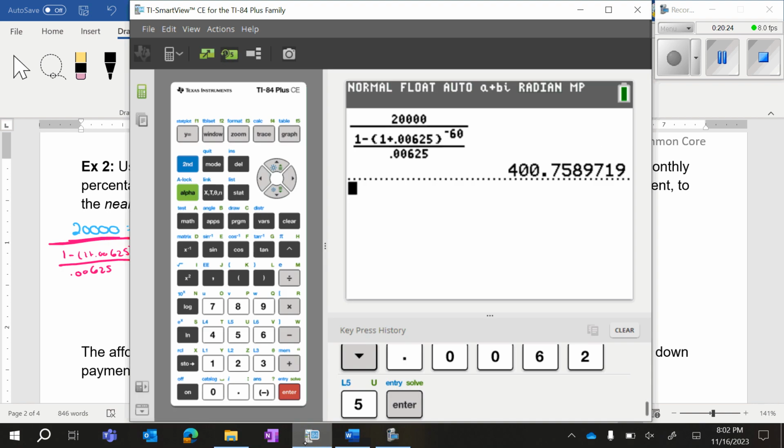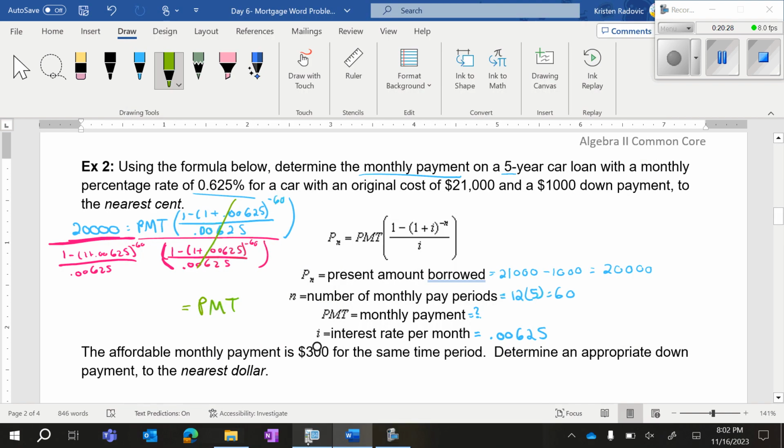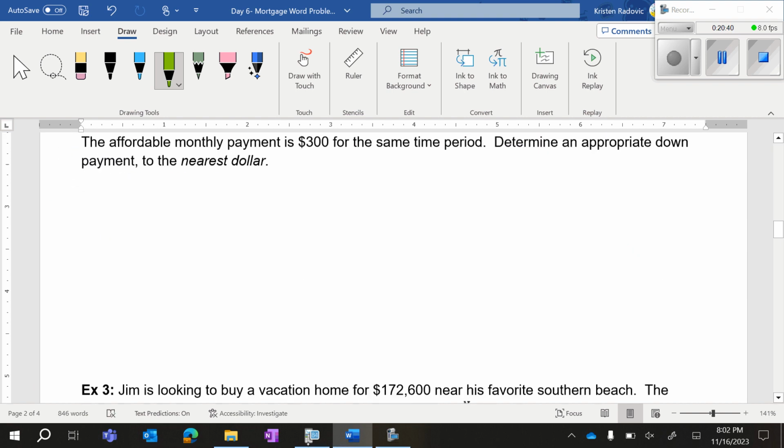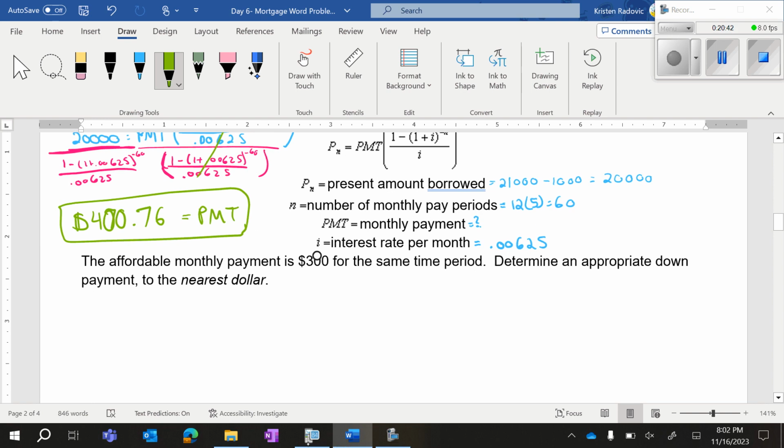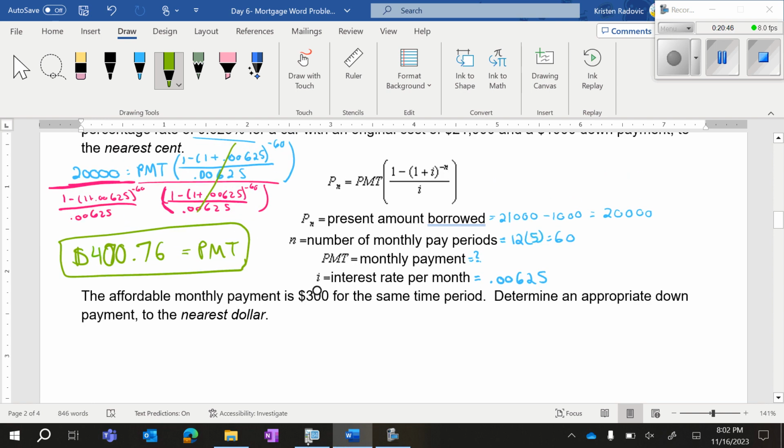And then part B says the affordable monthly payment is $300 for the same time period. So now they're giving you the monthly payment. This is PMT. They want you to determine an appropriate down payment to the nearest dollar. So you need to work backwards.